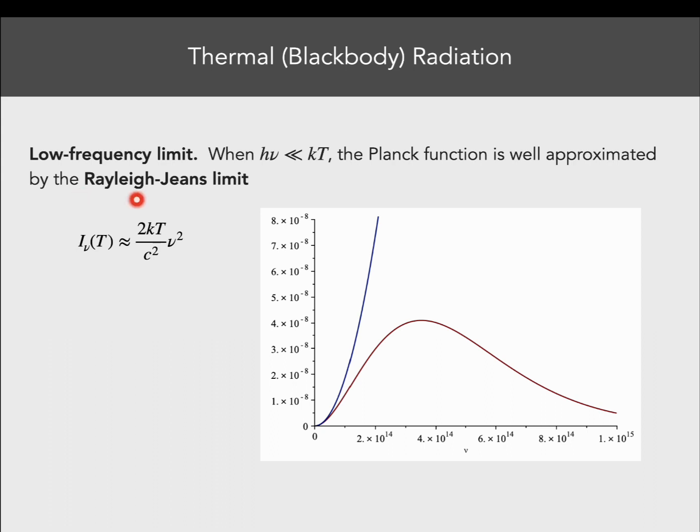The Rayleigh-Jeans limit is actually what you get when you try to derive the distribution function for radiation using purely classical techniques instead of quantum results.